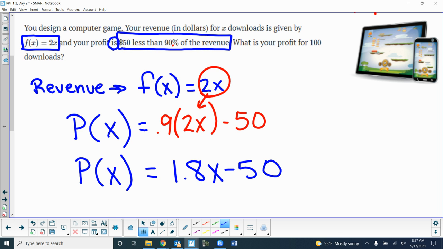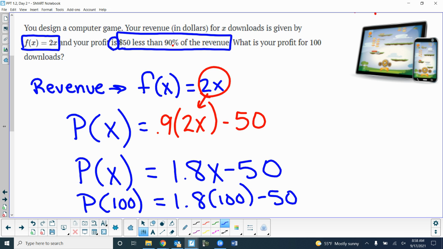Here's our equation, our function. We have 100 downloads. How much money are we going to make? Where do I put the 100? Yeah, you put it in for x. So we just substitute in 1.8 times 100 minus 50.